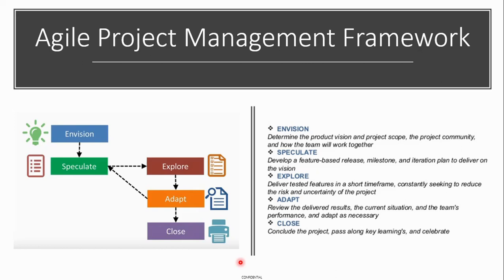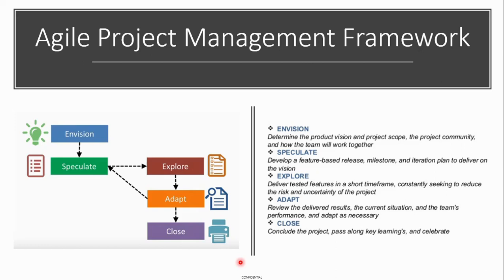Once that is done, speculate is actually the planning stage. Once it is done, you can decide how many releases they are going to do, how many iterative cycles they are going to do, and you can plan your iterative plans once you have a very good picture of the overall scope of what is to get delivered in your project.